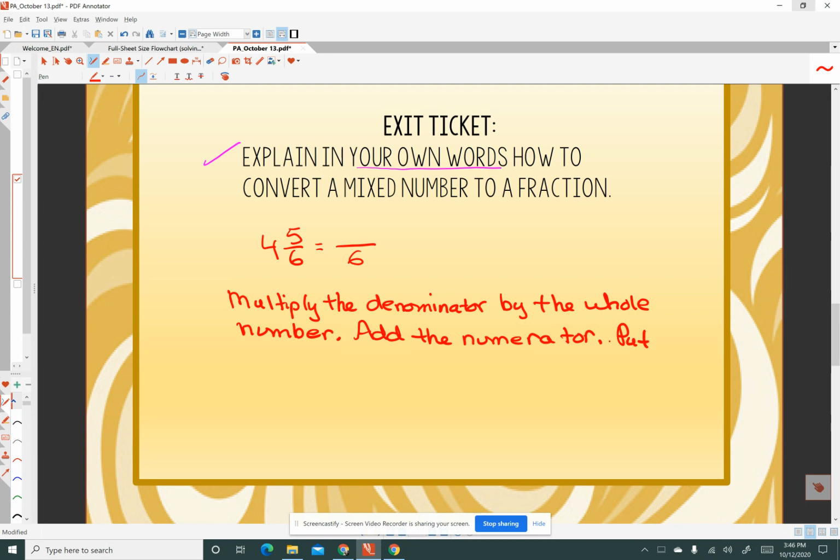So we'll put the new number over the old denominator.